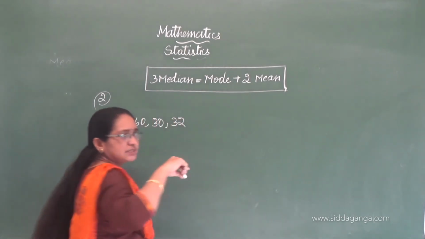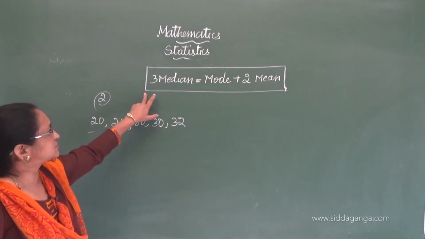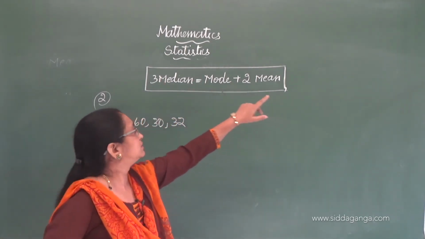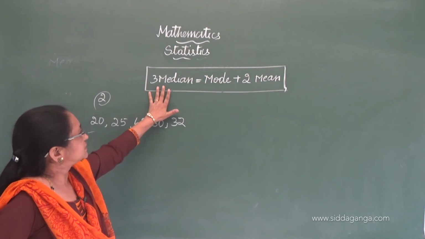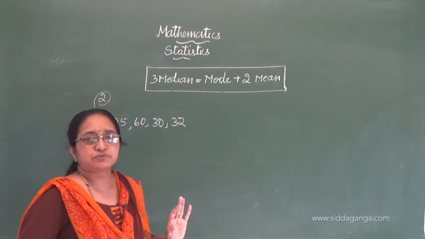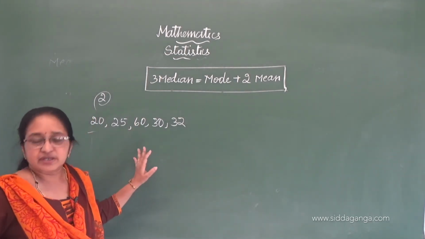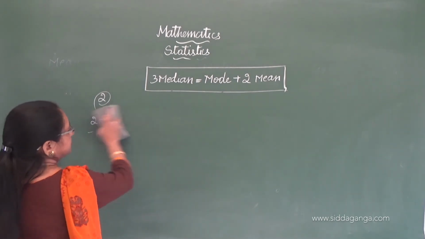They will ask in the exam, write the relationship between the mean, mode and the median for 1 mark. So you have to write 3 median is equal to mode plus 2 mean. With this formula we can find the unknown central tendency.